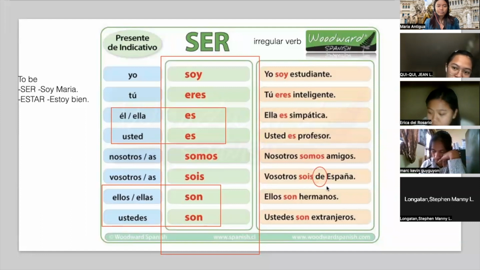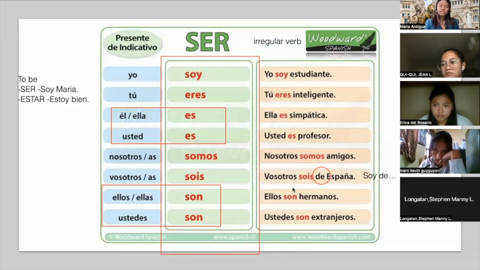That means from. Okay. Soy de. You remember? You use that. Soy de Filipinas. Soy de España. Okay. What about, so you know everything? You can understand everything? Yeah. Any question here? Anong mga words ang hindi nyo naintindihan or you don't know the meaning of?